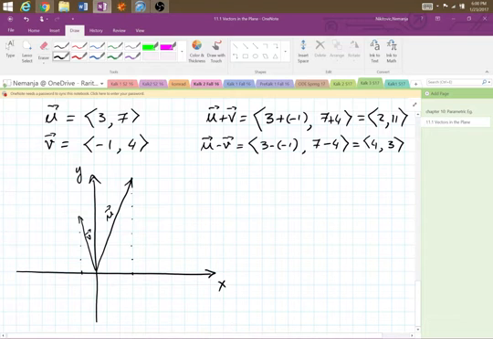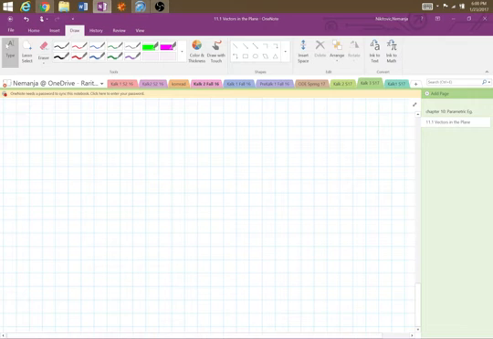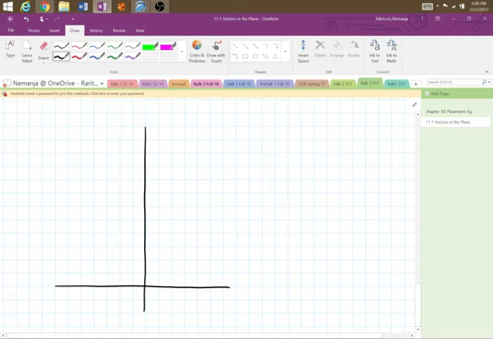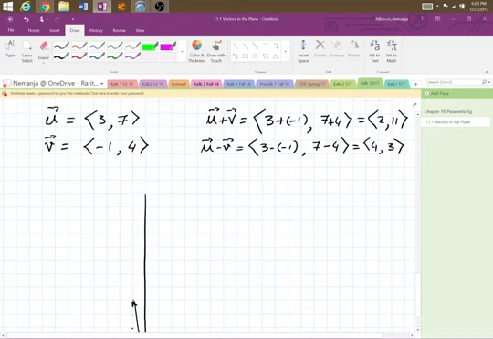Yeah, it's not going to fit here. You don't have to change your picture. It's just not going to fit. Negative 1, 4. 3, 7.